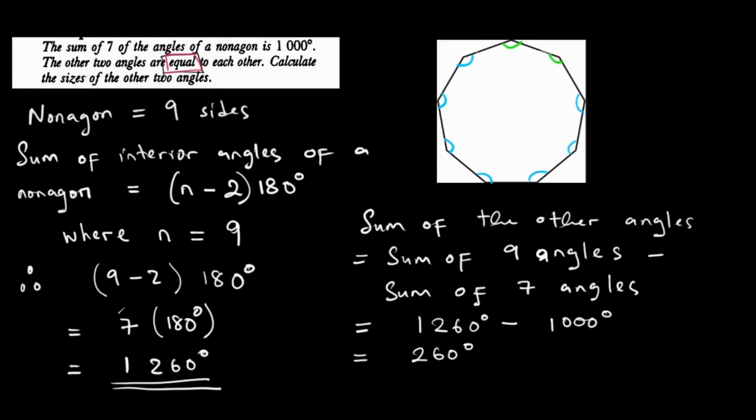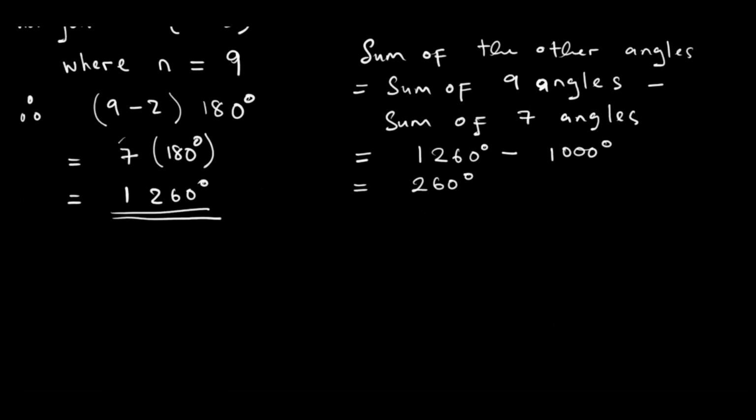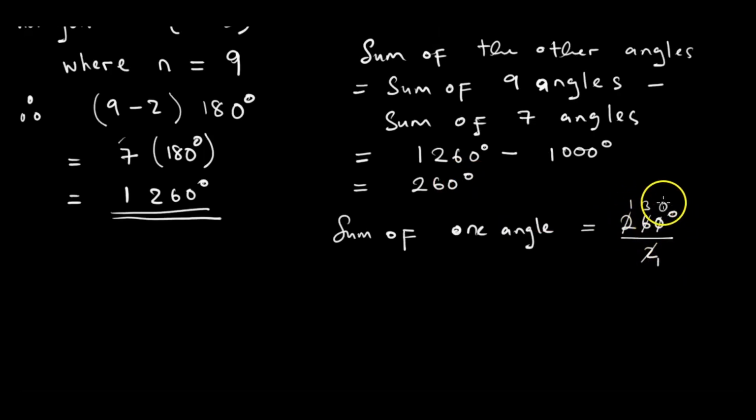So what we do here is one angle is basically half of this 260 degrees. Dividing by 2: 2 into 26 is 13, 2 into 0 is 0, which is equal to 130 degrees.